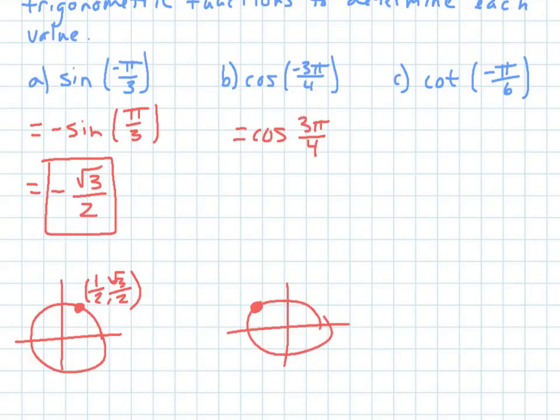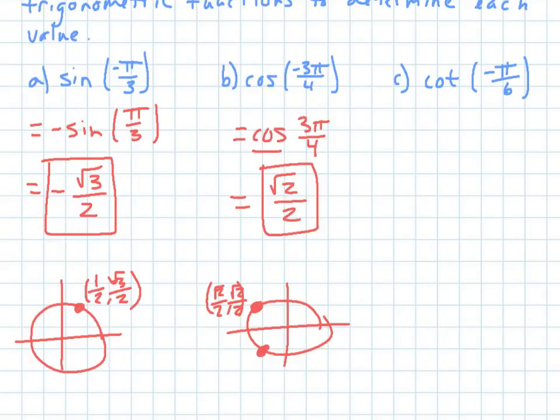So then my point is negative square root of 2 over 2, comma square root of 2 over 2, and I'm looking for the cosine. Even though negative 3 pi over 4 would be right there, they have the same x position vertically. Okay?